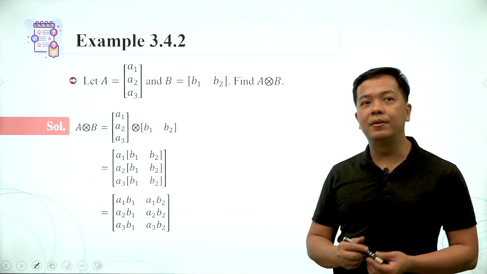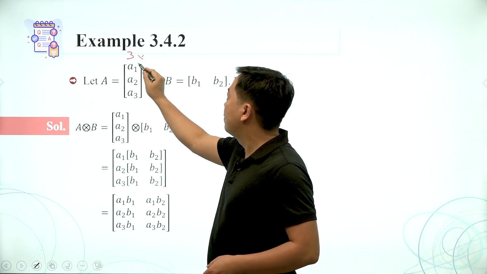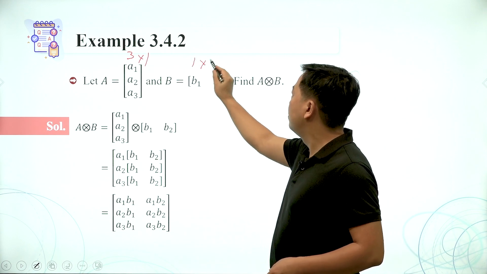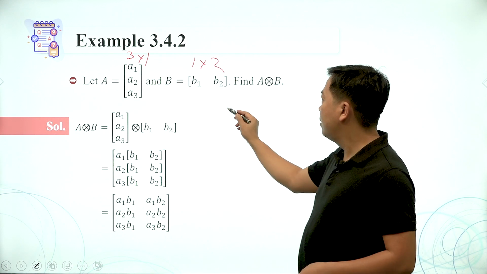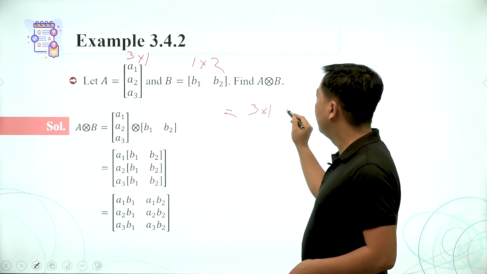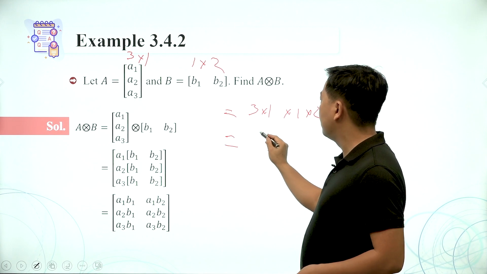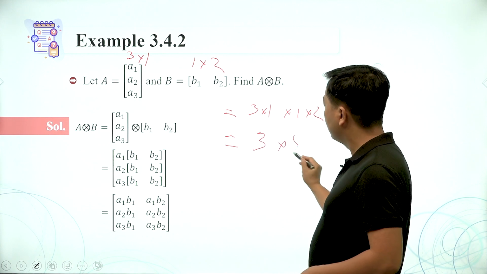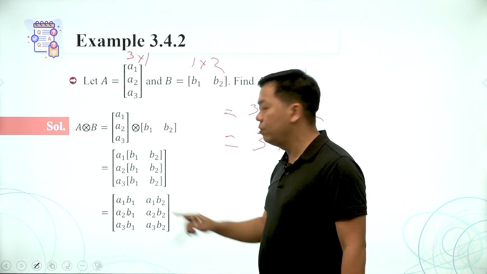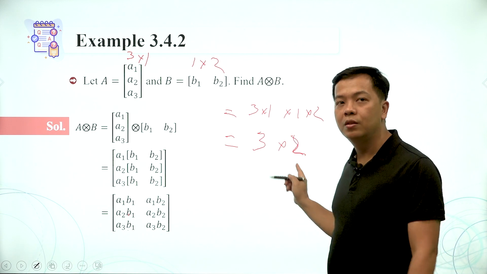Here we have 3 by 1, and over here we have 1 by 2. So the final result is 3 times 1 by 1 times 2, which gives 3 rows and 2 columns.